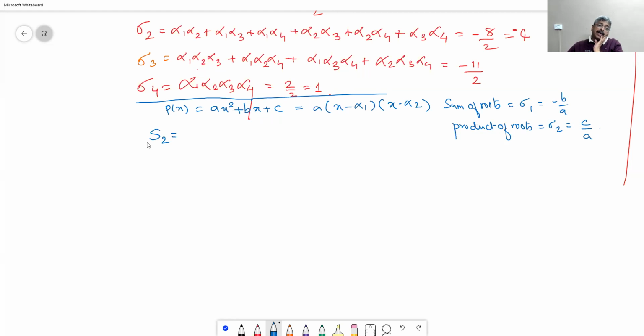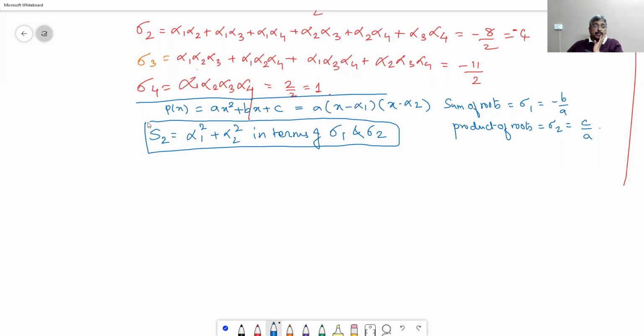Now I am going to ask you, find out the formula for S2, which is alpha 1 square plus alpha 2 square, in terms of sigma 1 and sigma 2. S2 means power 2. Correct? Okay. S2 in this case is going to be equal to sigma 1 square minus 2 sigma 2.